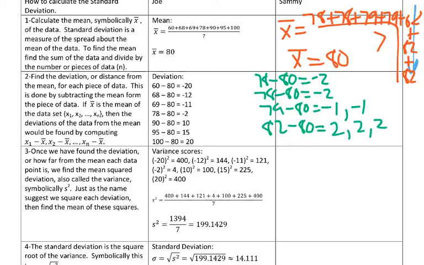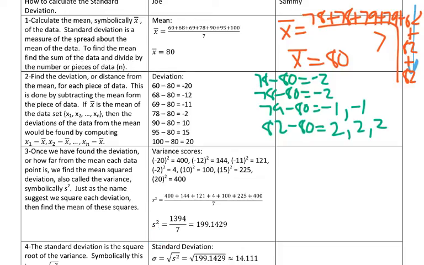Once we have these new numbers, we're going to find the variance. To find the variance, we square all the numbers. So they took all these deviations, squared them, and then with those new squared numbers found the mean, the average once again, and came up with that variance, which we represent with s squared.